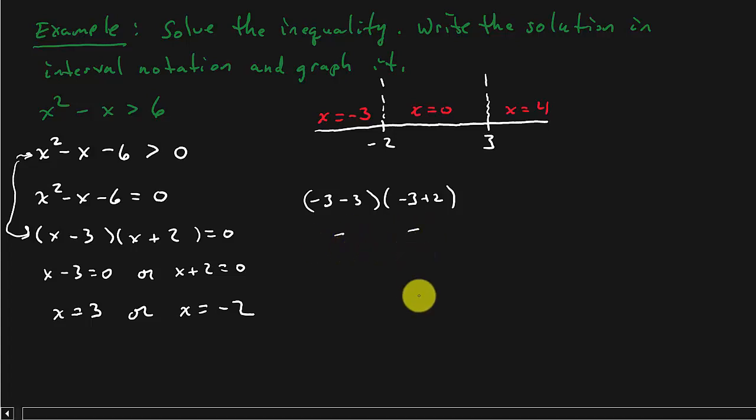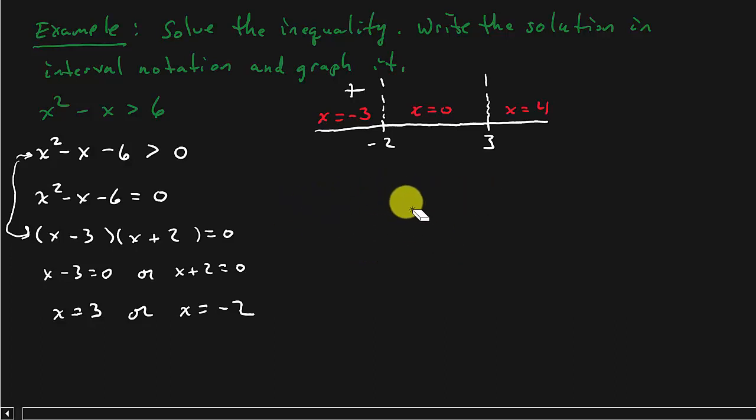What's a negative times a negative? Positive, right? Okay, that's all I care about. When I plug these numbers in, am I going to get a positive answer or a negative answer? That's all I care about. I don't care that it's going to be positive 6. That makes no difference to me. I just care that it's positive.